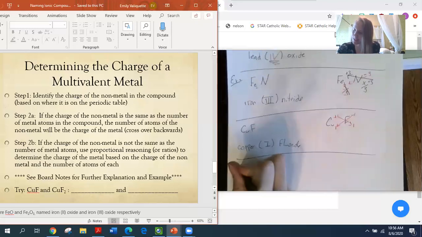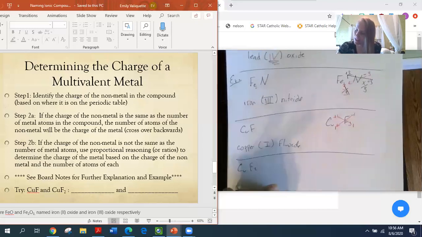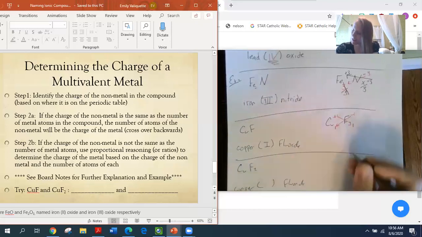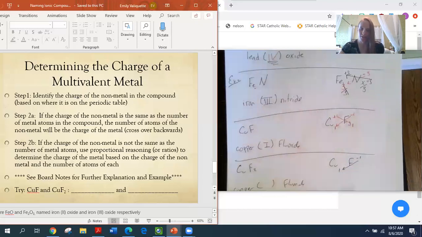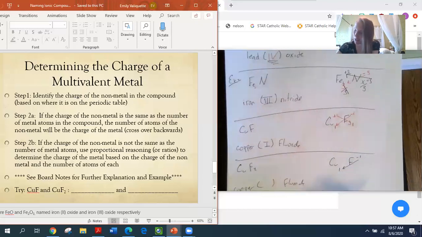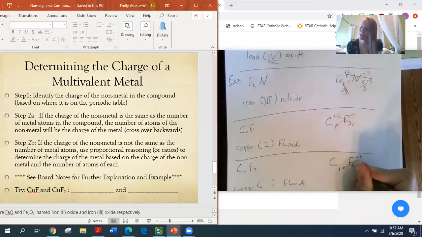If we look at CuF2, it's still copper something fluoride. We still have fluorine with a charge of 1, that we're going to write in there. But this time, we have a 2 behind the fluorine.